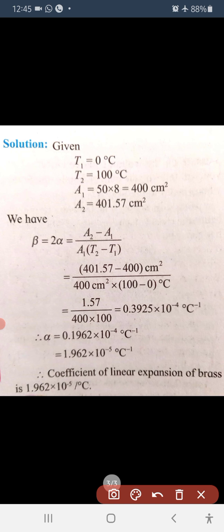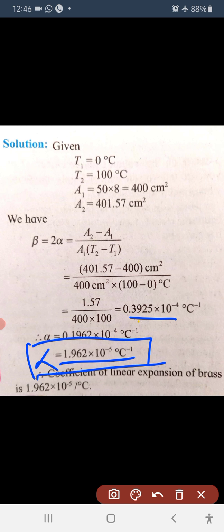See here, the calculation is done, and the final answer is 0.3925 into 10 raised to minus 4 per degree centigrade. The value of alpha is 1.962 into 10 raised to minus 5 per degree centigrade. This is the value of alpha, finally the answer.